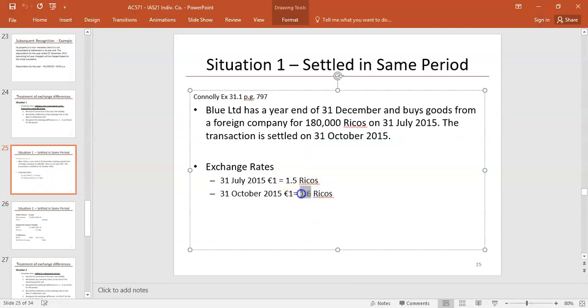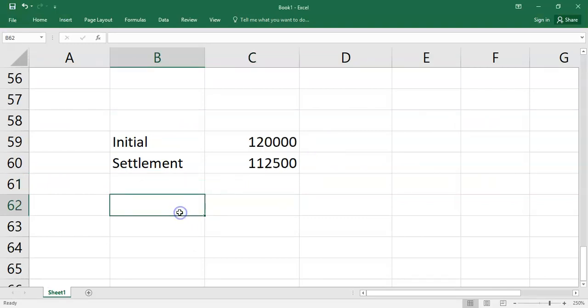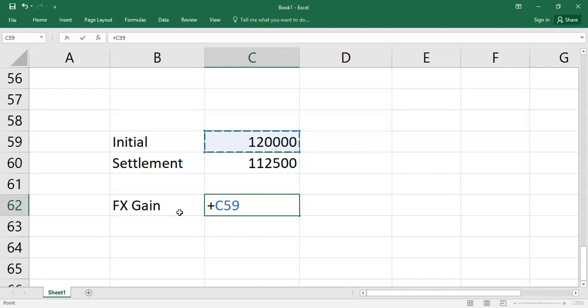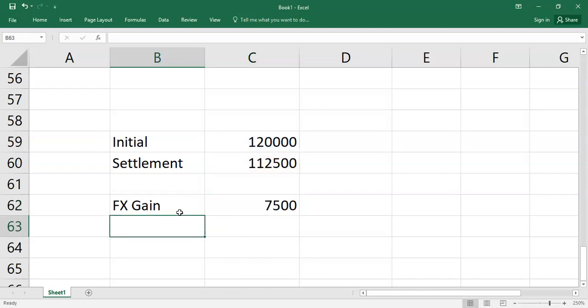Now just because it's higher, that means the euro has strengthened. 1 euro is worth more. So that means the rico is worth less, and that's actually good for you. So when you're importing goods, when you have a foreign exchange payable, the weaker the foreign currency, the better. Because that means it takes fewer euros to pay for a fixed amount of foreign currency. You have to pay 180,000 rico. So this is an FX gain, because you can settle it for less than you initially recorded it for.